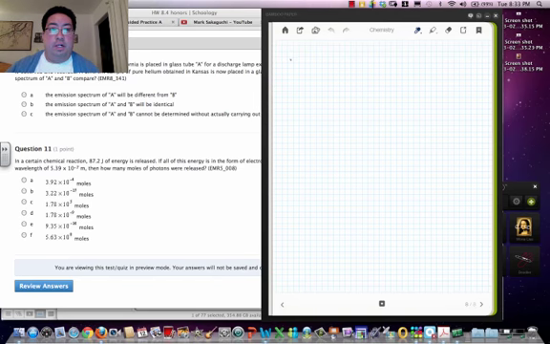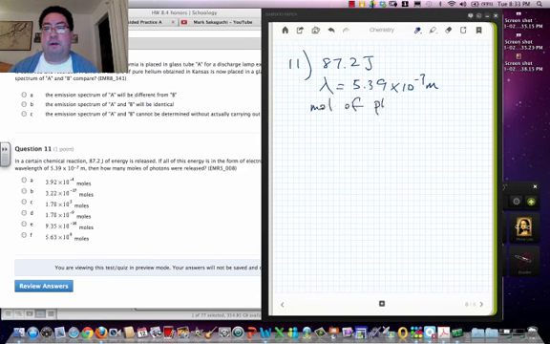All right, for the last one, 11, we have 87.2 joules of energy, and the wavelength is equal to 5.39 times 10 to the minus 7th meters. It's asking for moles of photons. We'll actually do this together later, but I'll give you some hints.